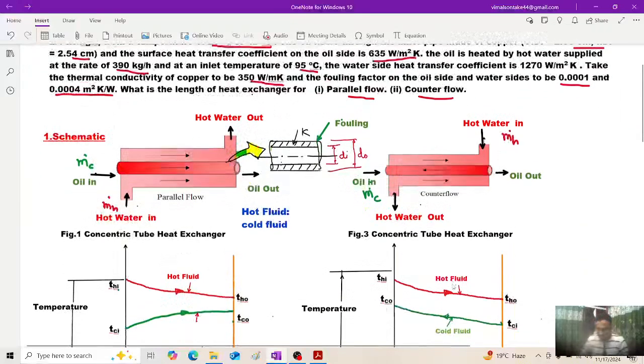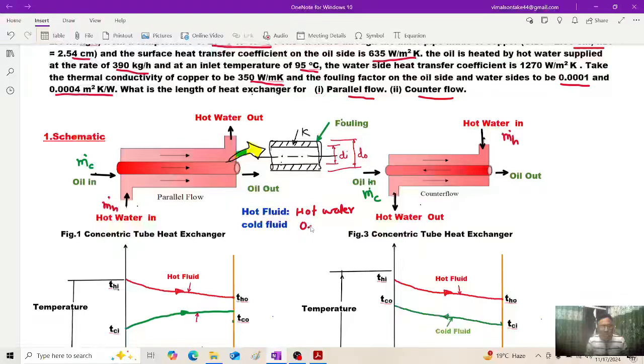So let us mention here hot fluid is hot water, and cold fluid is oil.